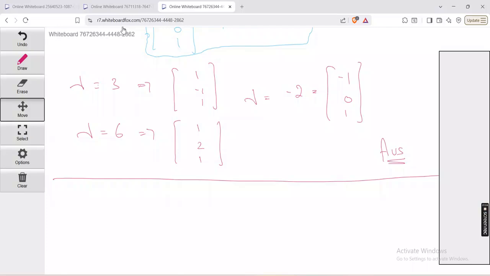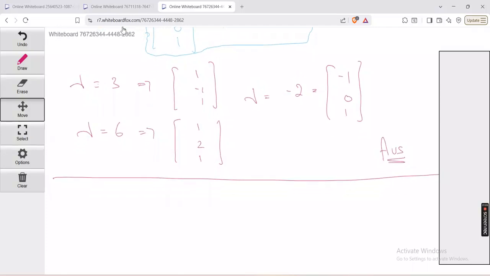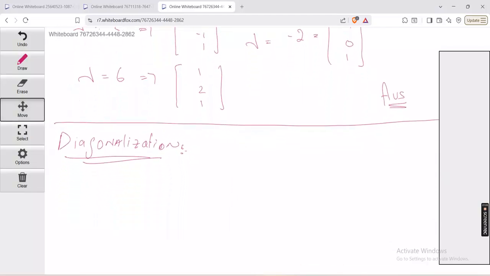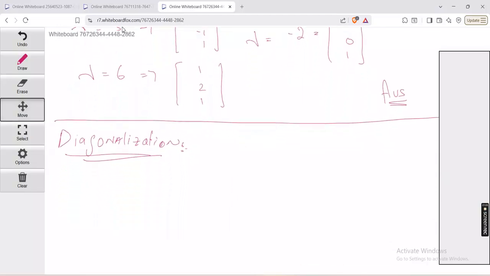But if they ask for diagonalization, then you are not finished here. I'm doing it for the same question so you will understand, but you have to do it for this one.